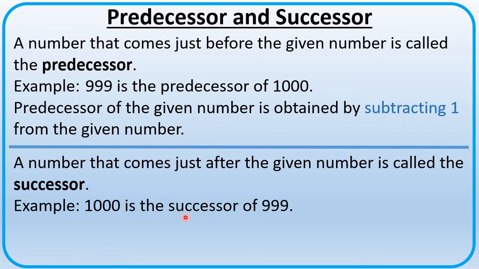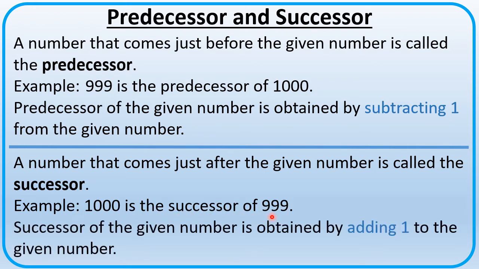Therefore, it is called as successor of 999. Successor of the given number is obtained by adding 1 to the given number. So, successor of any number can be obtained by adding 1 to it.